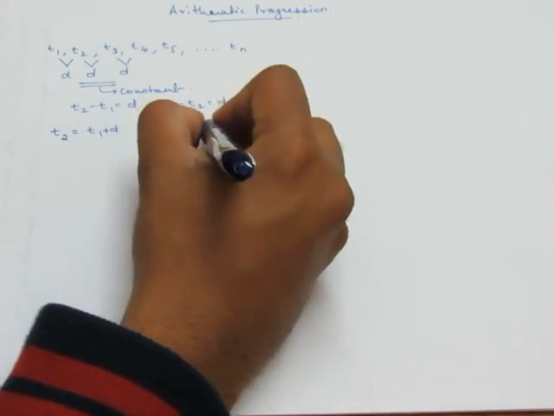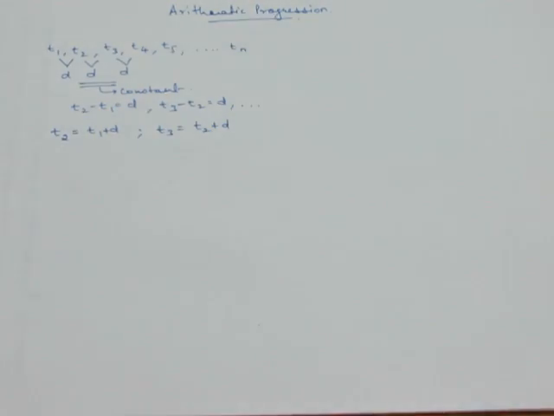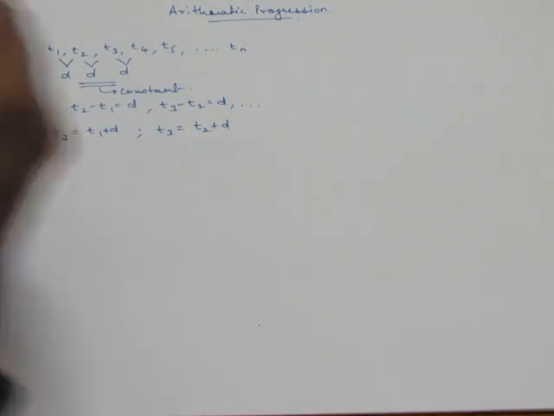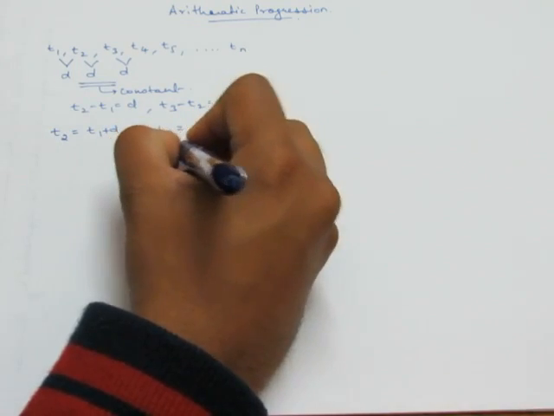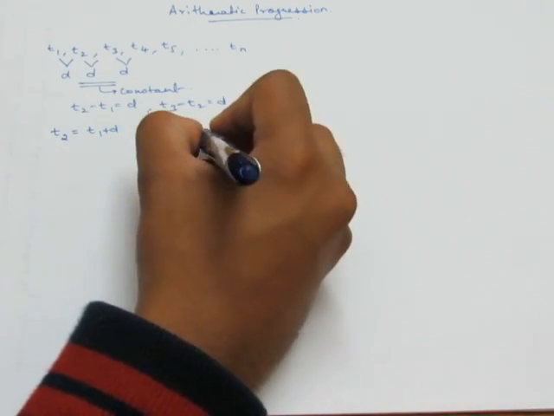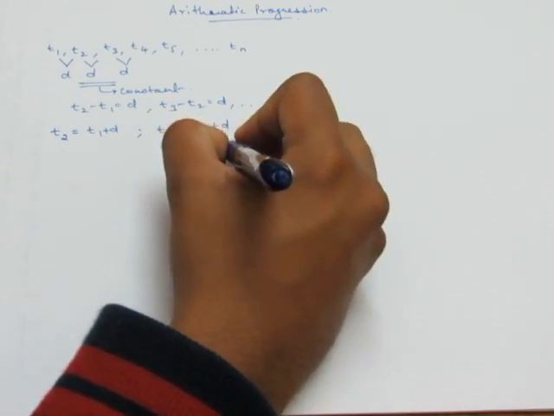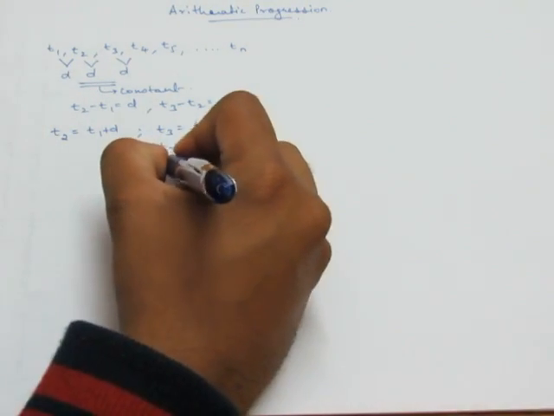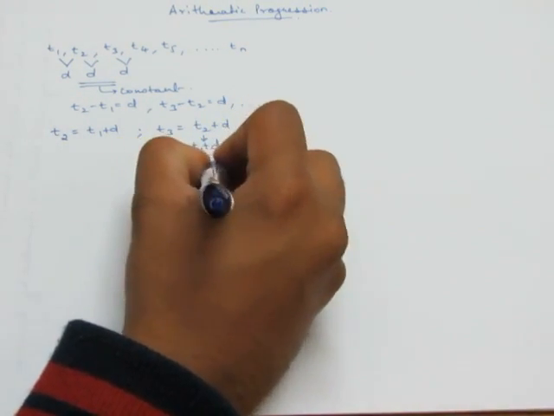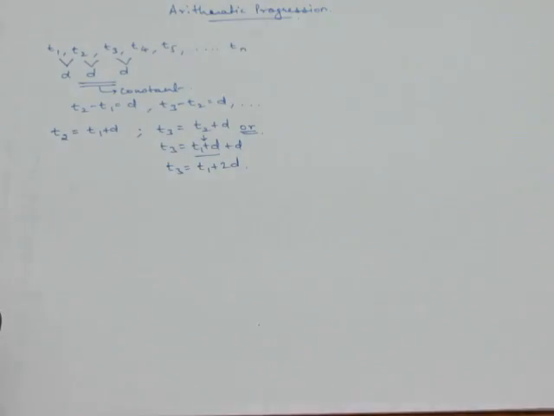T3 can be written as T2 plus D, or T3 can be written as T1 plus D, which is the same as T2 plus D, right? T3 can be written as T1 plus D and plus D. T1 plus D is the same as T2, and plus D. So we get T3 as T1 plus 2D.